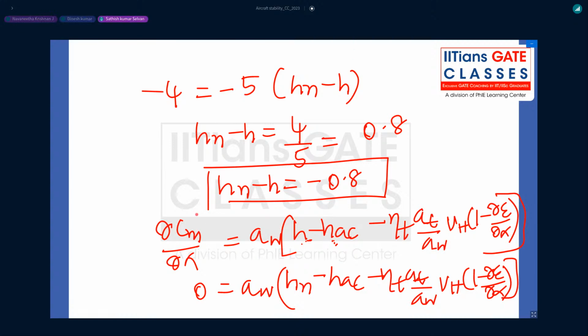Yeah, I can. Okay. See, from this what we have taken is Hn was equal to HAC plus eta T into AT by AW into VH into 1 minus dou epsilon by dou alpha.